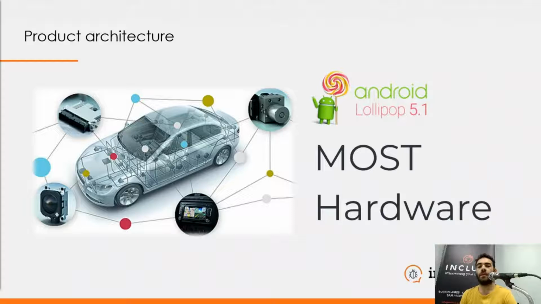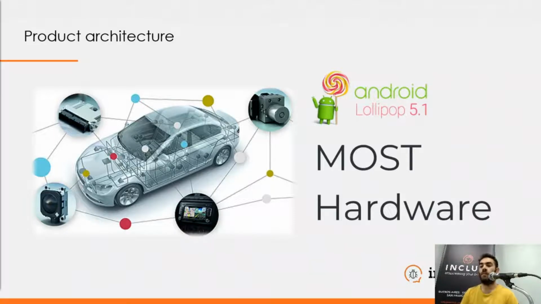Our system is composed of different sensors and devices, and all this system interacts with the main system that is an Android system. In our case, we have Android 5.1 Lollipop, that is the version of the system that we use to develop the application and in our case to test.